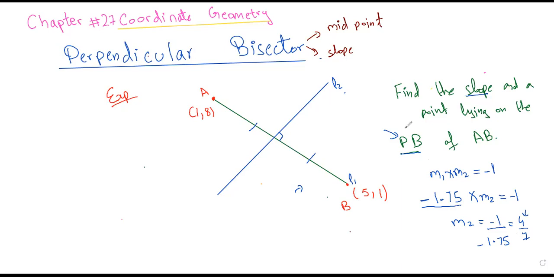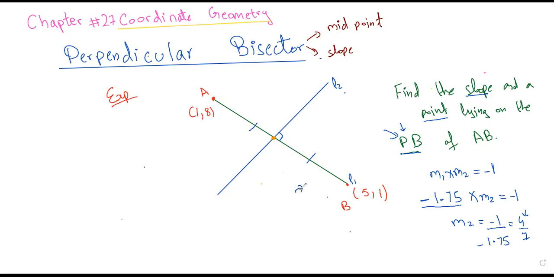The question was about the perpendicular bisector. Be very careful with the wordings. The second part was a point lying on the perpendicular bisector. I told you before this question that this is the point which we can calculate. That would be the midpoint of AB. Since the perpendicular bisector is bisecting the line AB, it would intersect the line AB at the midpoint of line AB.